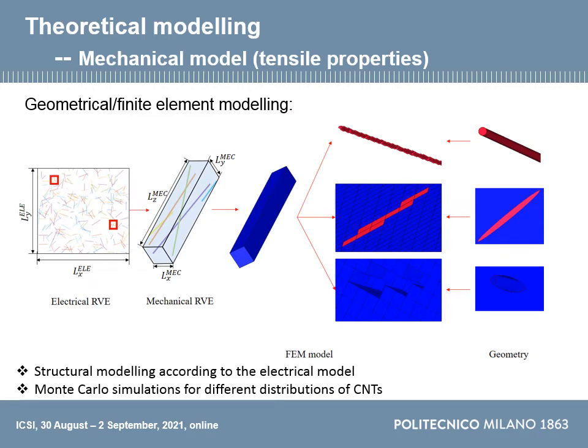Regarding the mechanical part, we use the voxel mesh to generate the finite element model for the nanocomposites. The voxel mesh can simplify the mesh generation with acceptable accuracy. Besides, Monte Carlo simulation was also used for different distributions of the CNTs in the unit cell.